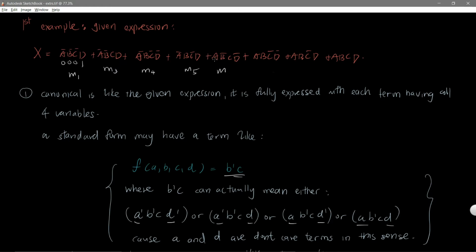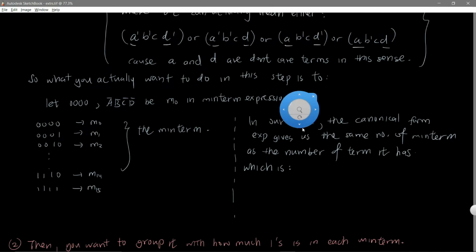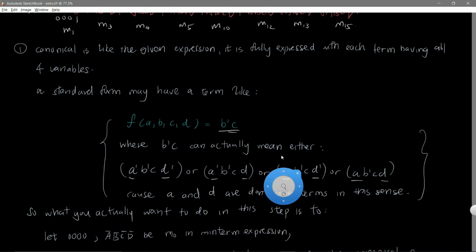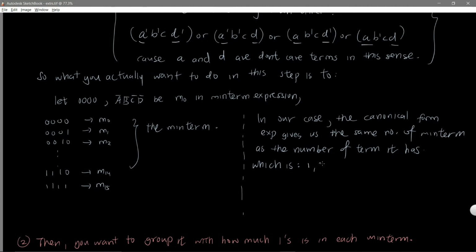Find their values. 8 plus 2 is 10, 12, 13, and 15. 15 is the largest one, the last one. Alright. Now you have their minterms. Of course, they are written in this form where the x are these numbers.